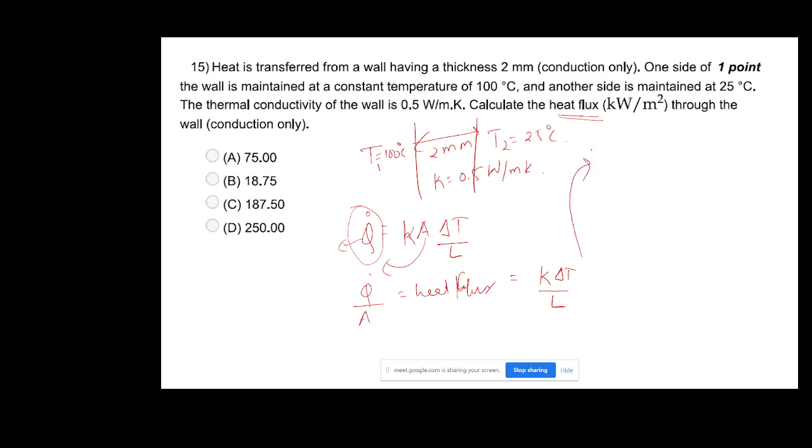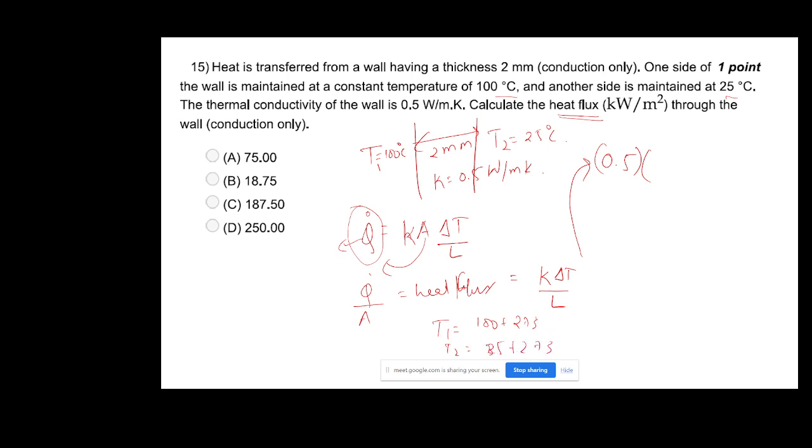Now if we put up the values here, K is having value 0.5. Since this delta T is just the temperature difference, the unit here doesn't matter, because if you convert it into SI, then T1 will be 100 plus 273 and T2 will be 25 plus 273.